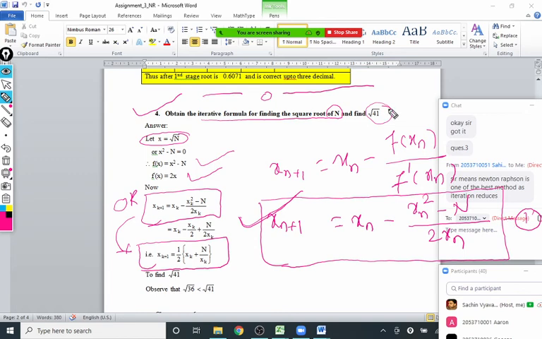Now root 41, if you use a calculator, you will get 6 point something, maybe 6.40. So you can take x0 equal to 6, or x0 equal to 7, or x0 as 6.5, because root 41 lies in the interval 6 and 7. Is it clear?